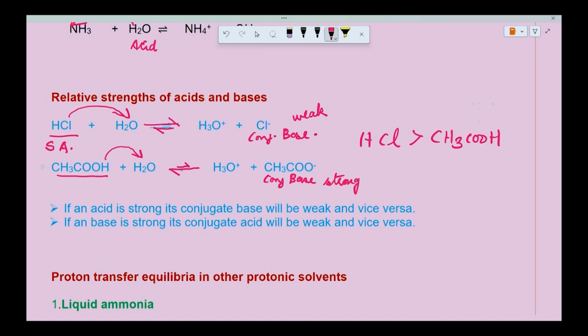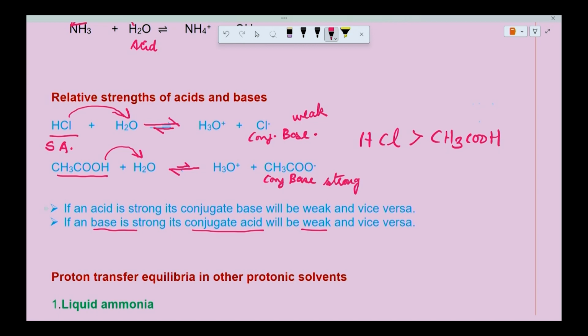It is ready to accept a proton, and therefore acetic acid is weak. Now, when we take the case of a base, the same thing applies. If the base is strong, its conjugate acid will be weak, and vice versa.